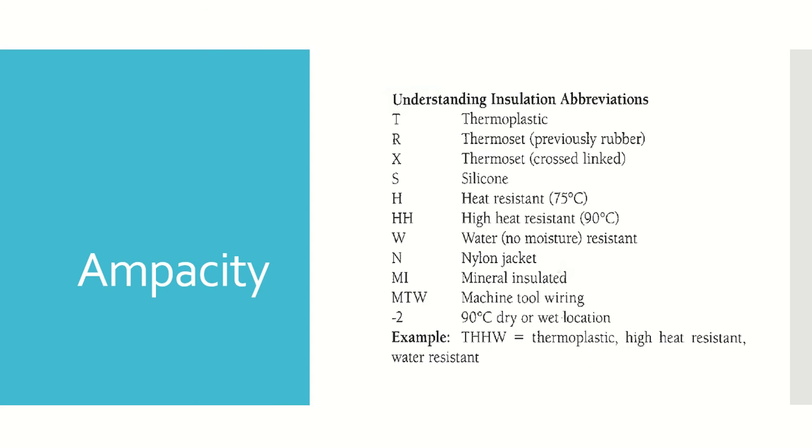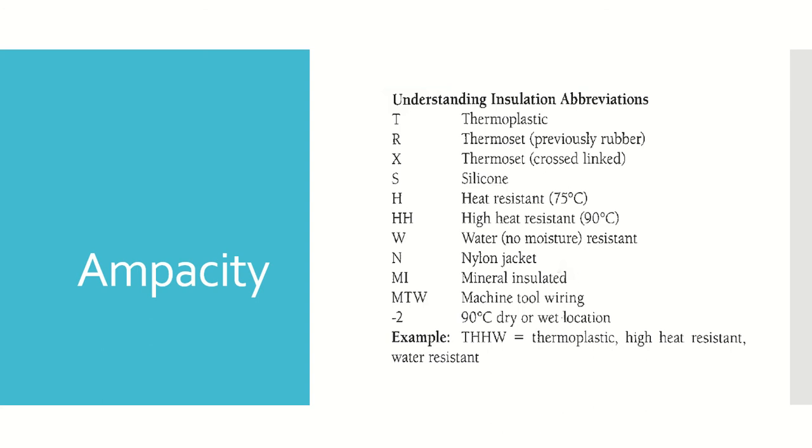So we're going to take a look at some of the different jackets that we typically work with in the field. The most common that I remember installing in any normal installation in EMT conduit was typically THHN or THWN-2.